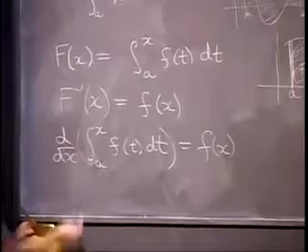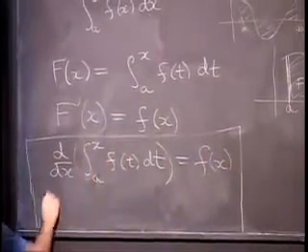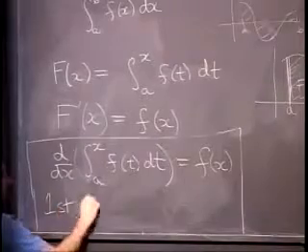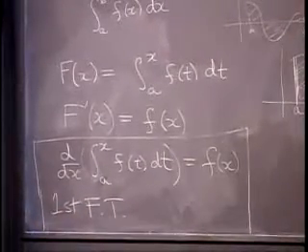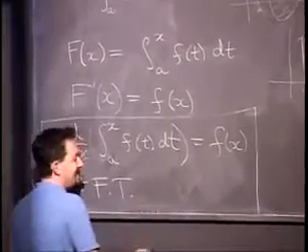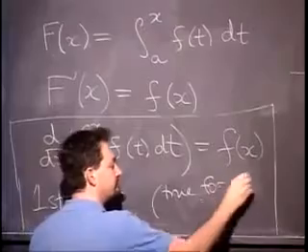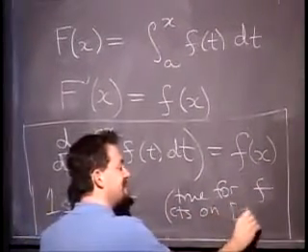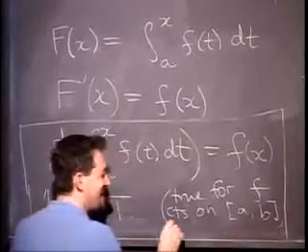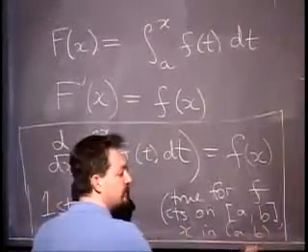And this is the first fundamental theorem, which I did state, as I say, first FTC. FTC in this case is fundamental theorem of calculus, and it's true when f is continuous on [a, b] and x in [a, b] as well.